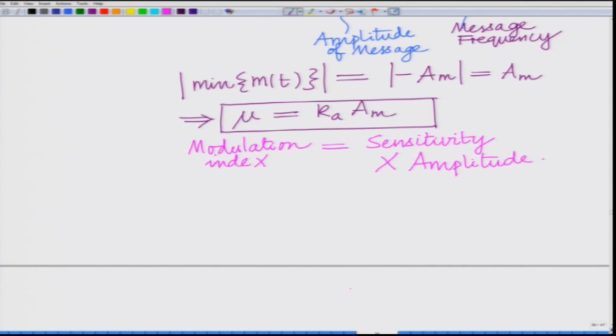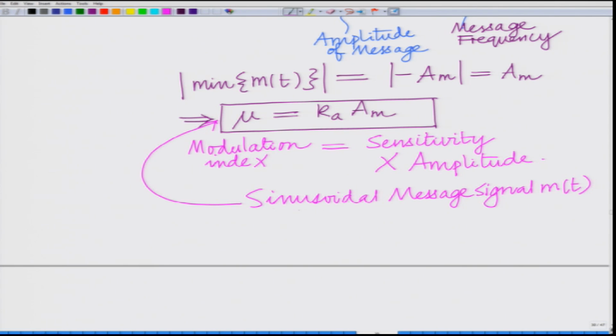However, it is important to remember this is only for a sinusoidal message signal Mt. Alright. So, the modulation index mu equals the sensitivity Ka times the amplitude Am.